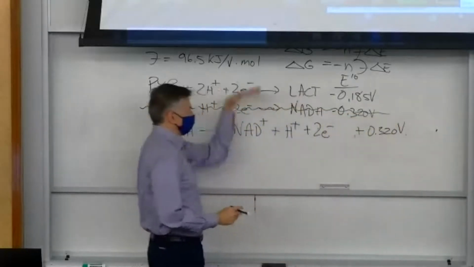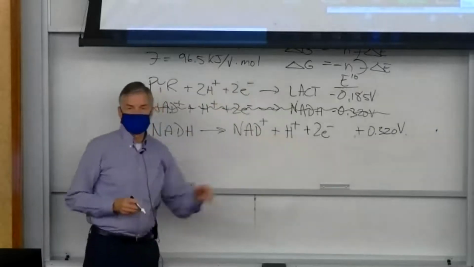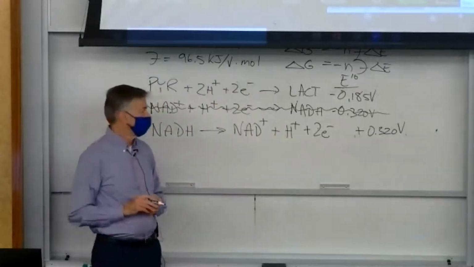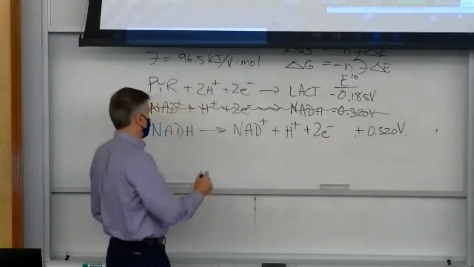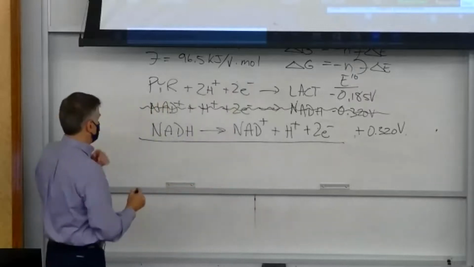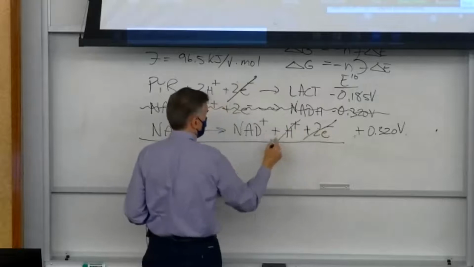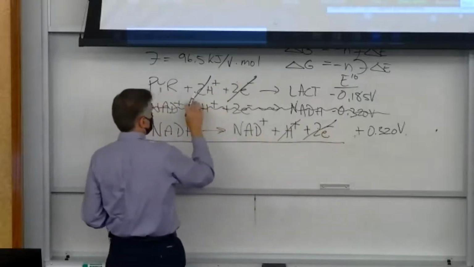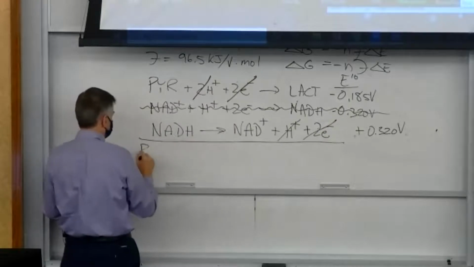So I'm going to simply put this out. Now, I can combine these provided that the number of electrons cancel out. So here we have 2 electrons, here we have 2 electrons. So if I sum these 2 reactions, I end up with these canceling out. I have 1 of these, 2 here, so I'll cancel 1 out there. So let me rewrite this.